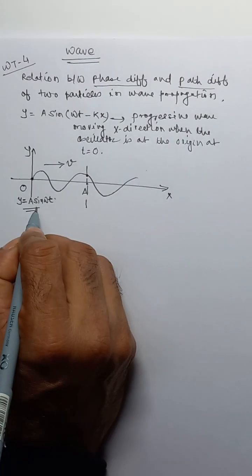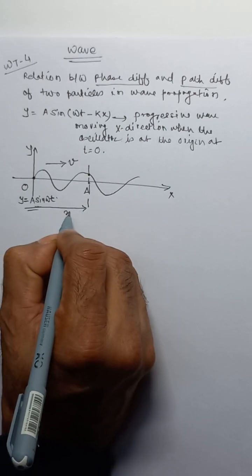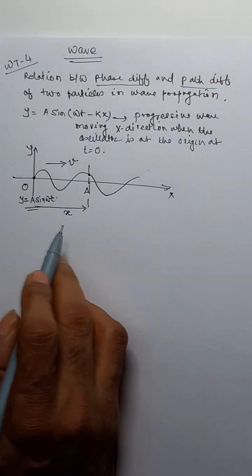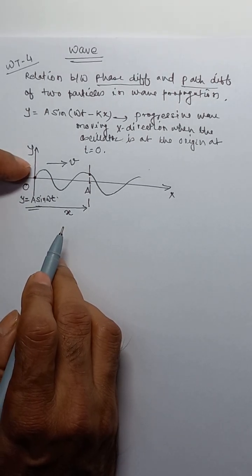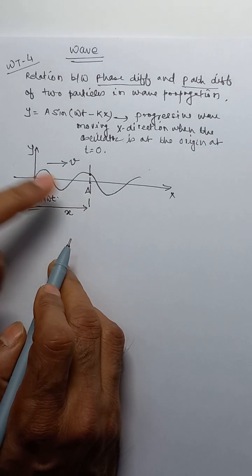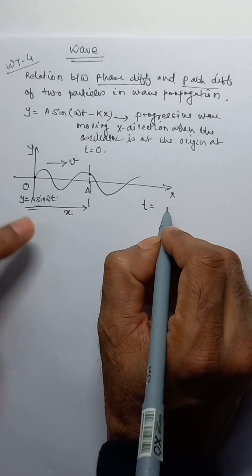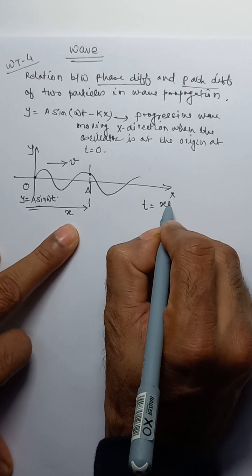And say this point A is located at x distance from the origin. So the time taken by the wave or the energy to travel from the origin to point A will be t, which equals distance divided by speed, x by v.